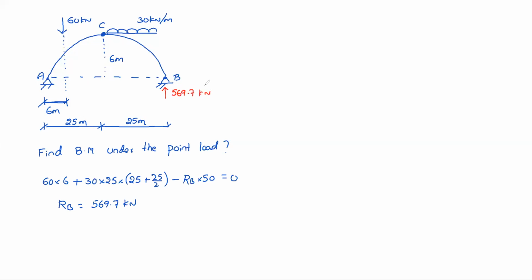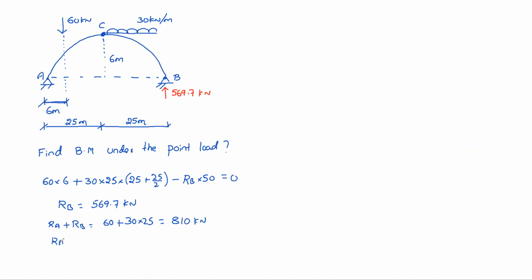And RA plus RB equals 30 into 25 plus 60, that is 810 total load.